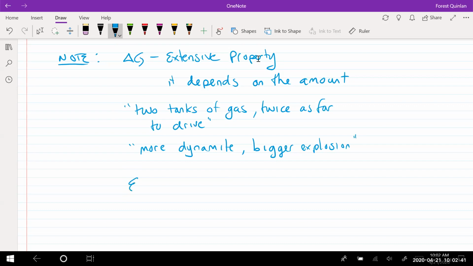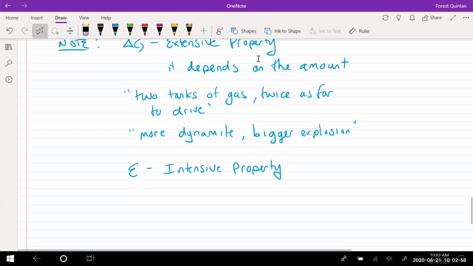E is what we call an intensive property. Now, an intensive property is the opposite of an extensive, so it does not depend on the amount.